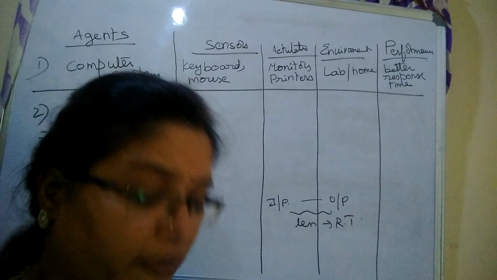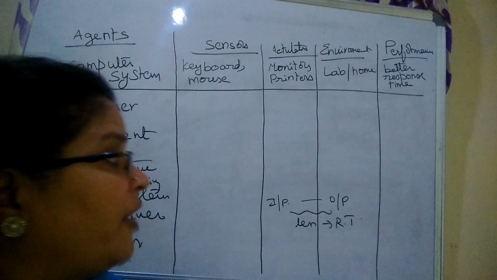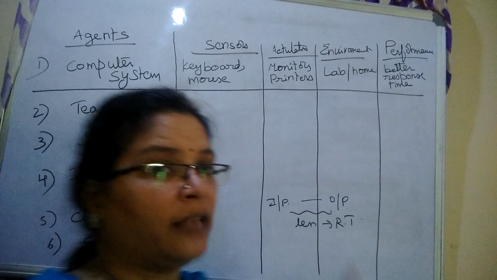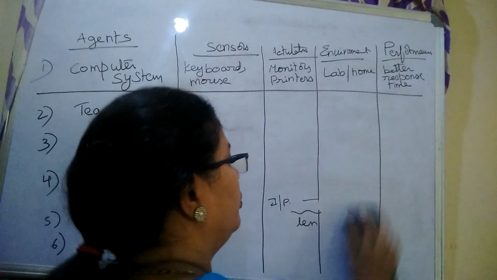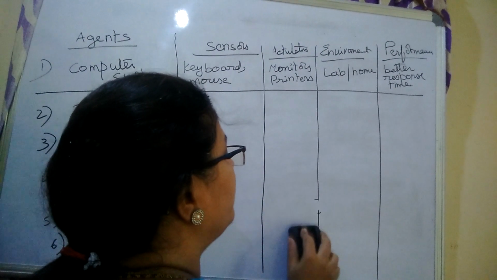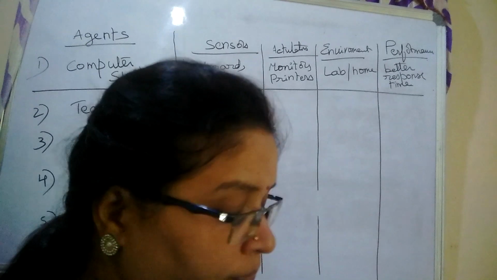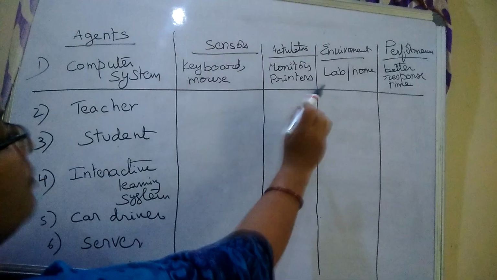If it is less, we call it less response time. So, the response time can be defined as the lapse time between the input as well as the output, the time between both of them. So, here the performance of a computer system can be measured with the help of the better response time. So, these are the PEAS for a computer system.